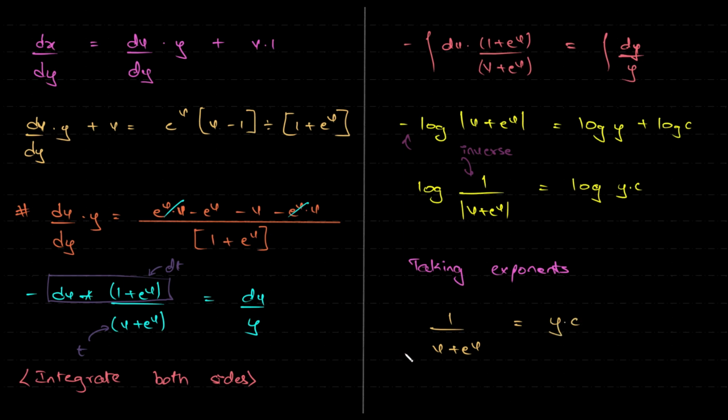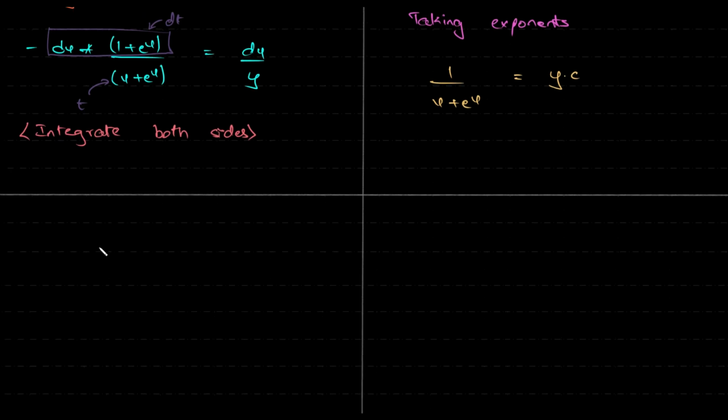And finally, we can write this as substituting v is equal to x by y, and so this would be 1 is equal to y into c into x by y plus e to the power of x by y. Again, how you express the final answer is left to you guys.